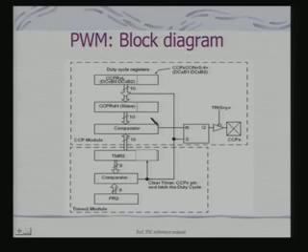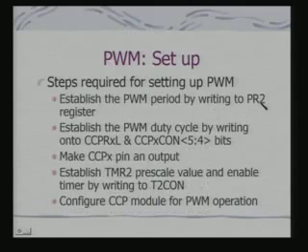So, I can control the duty cycle through this part of the circuitry, and I can control the period through this other part of the circuitry. Using this, I provide the output on one of these I/O pins, and effectively I have to set my TRIS bit appropriately so that I get the output on that pin. So, what are the steps involved for setting up a PWM?